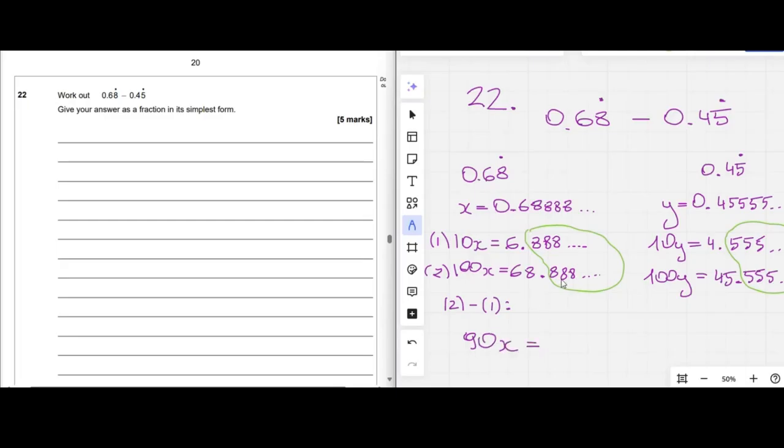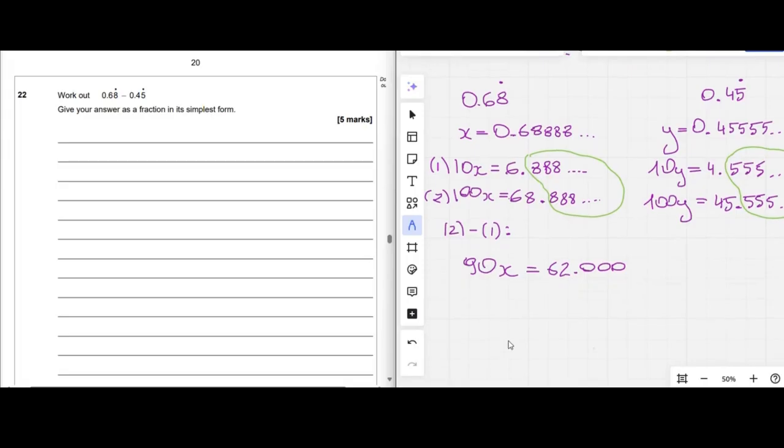And on the right-hand side, if we deduct those decimals, it will cancel the decimal part because these are exactly the same. So 68 minus 6 is 62.0 because the decimal parts cancelled. Okay? So yes. Then x is 62 divided by 90.